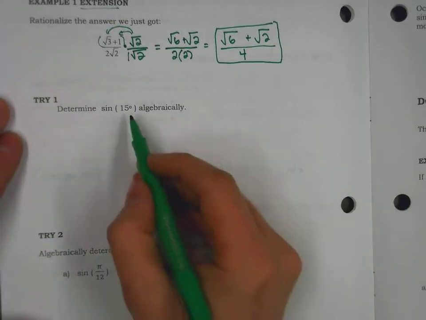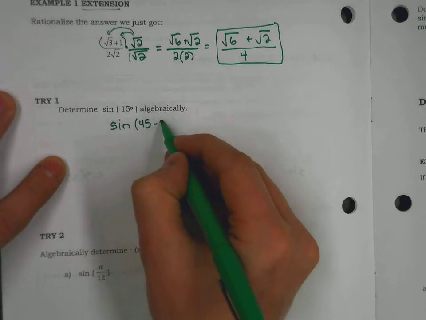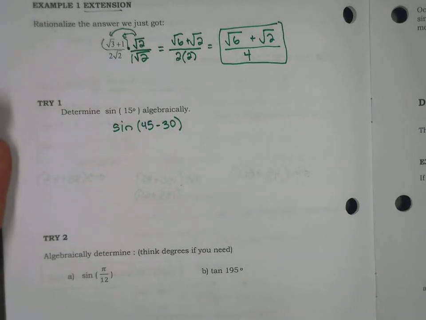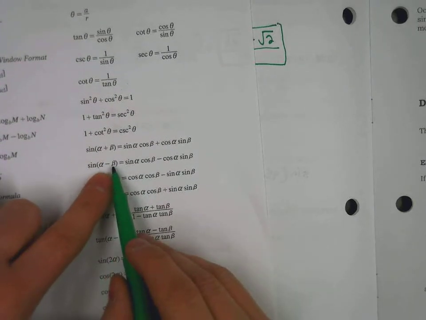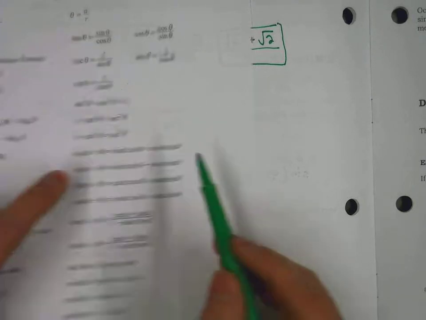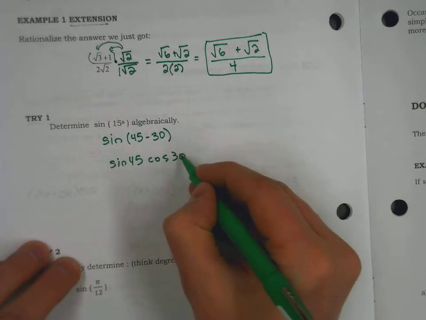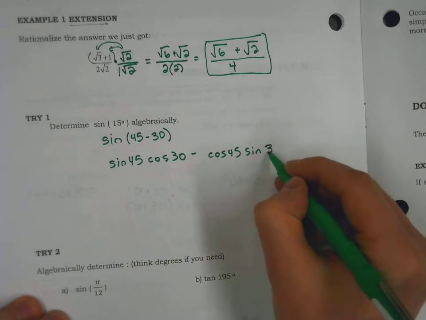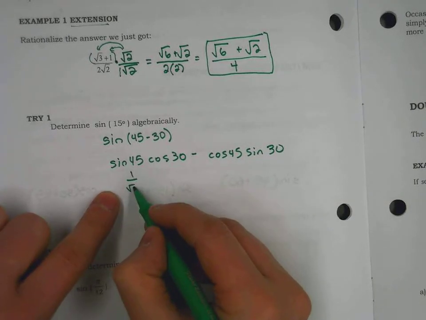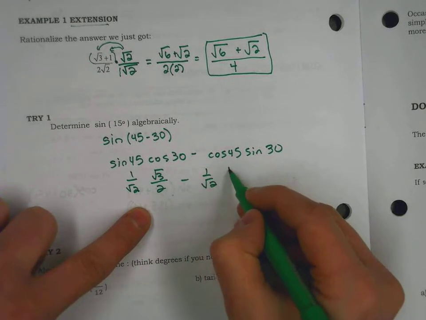Now it's worth trying something like sine of 15 degrees, and you're more than welcome to pause the video and try this, but you're looking for some way to make sine of 15, and this would be probably sine of 45 minus 30. To which you would look at your formula sheet and say sine of subtraction. Sine of A cos of B minus cos of A sine of B, to which we can evaluate 1 over root 2, cos of 30, cos of 45, sine of 30.